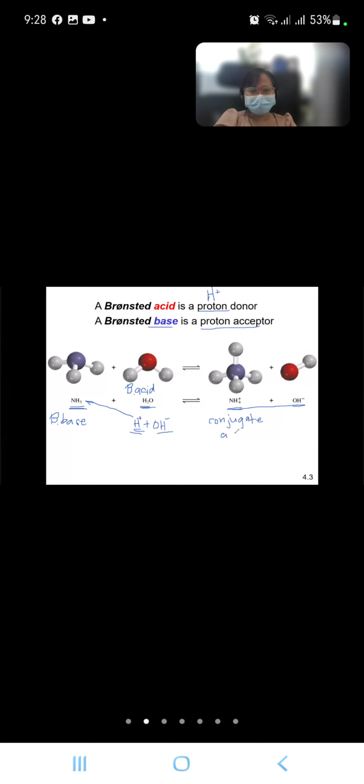Conjugate acid. Water, after donating a proton, only OH is left. So we call it a base, but a conjugate base. Conjugate base. Okay.